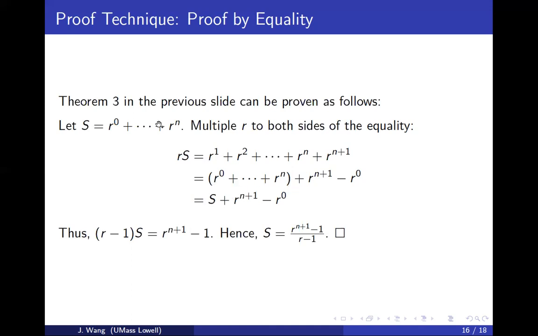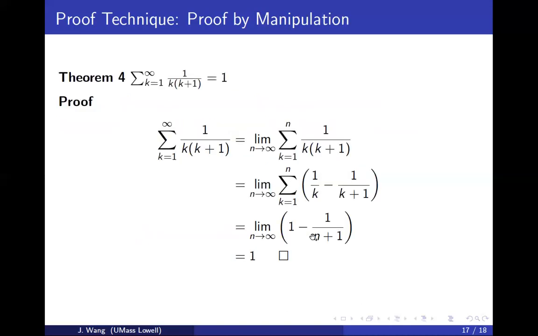So this is equal to S. So RS is equal to S plus R to the n plus 1 minus R to the 0. You move S over, you move R minus 1 down, then you get this. So this is a very useful technique.